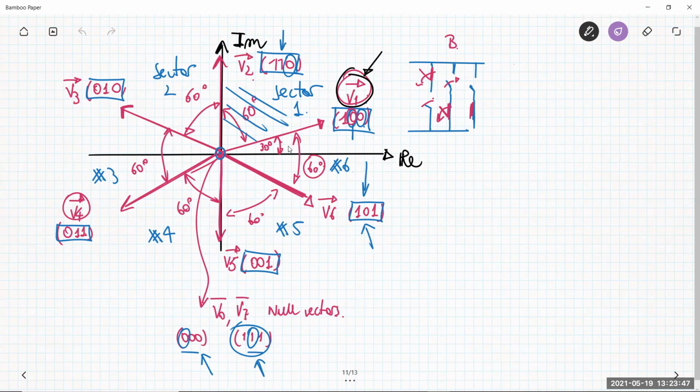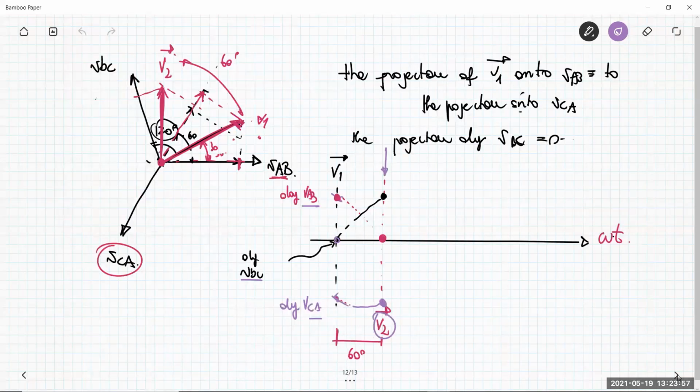But this is not the three-phase voltage system. We miss all the evolution that you can have in all the 6 sectors. According to my description, the 6 space vectors of the inverter just describe fixed positions every 60 degrees here, here, etc. But what happens inside the sectors is not defined.